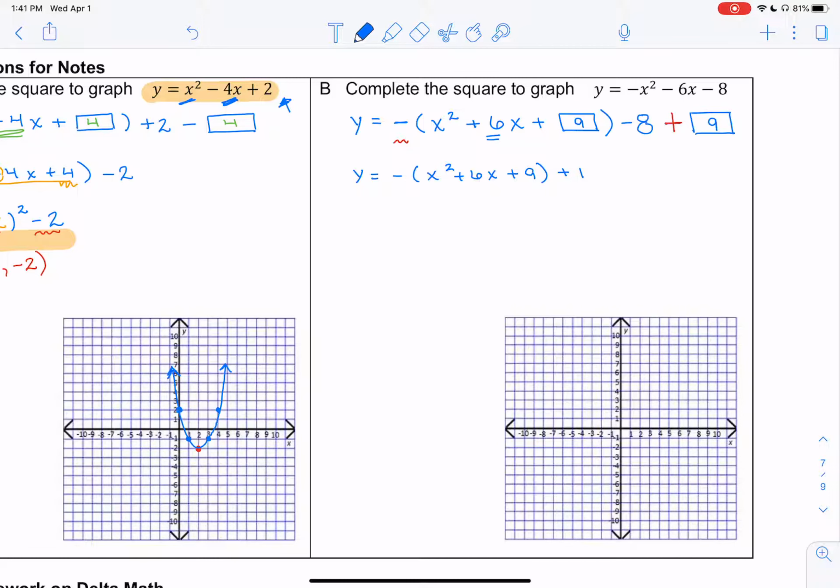Then I need to factor it into a smaller binomial form, okay, and that is by doing the square root of the first and last terms. Keep that negative out front, square root x squared, square root 9, bring the sign down, and then bring down the plus 1. And then we make this squared. Okay, so that is the answer to completing the square.